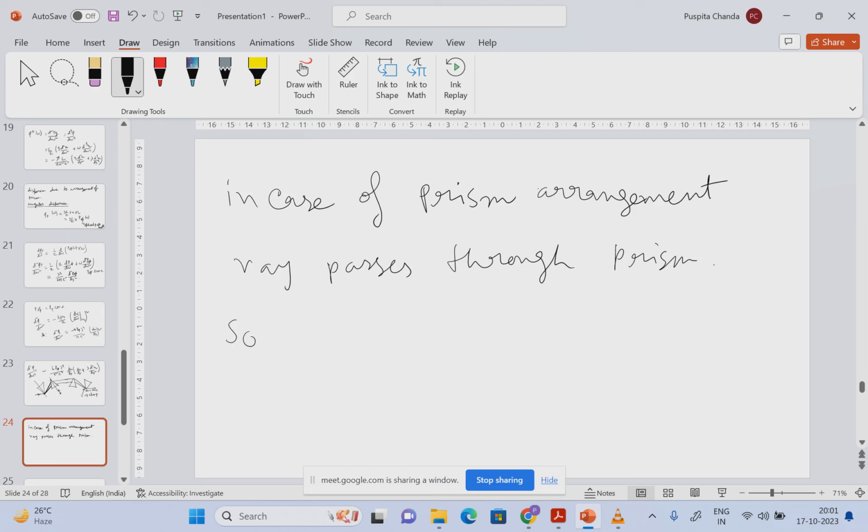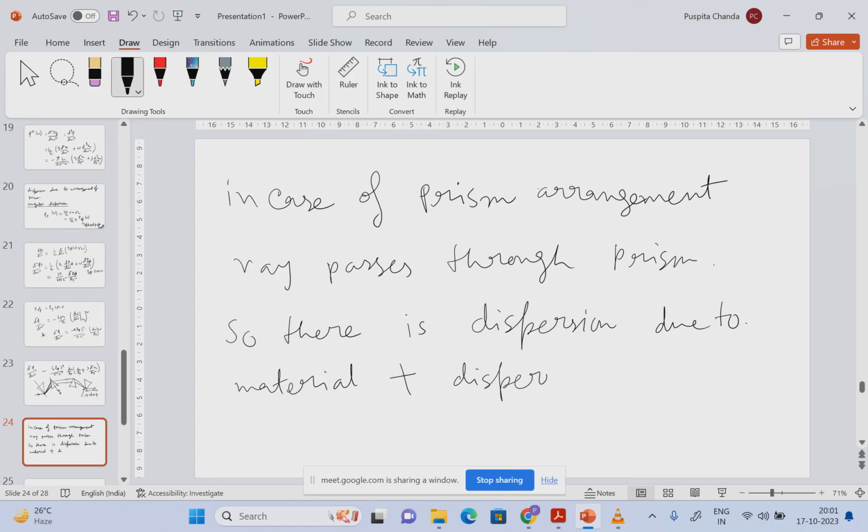So there is material dispersion plus prism arrangement dispersion. Okay.